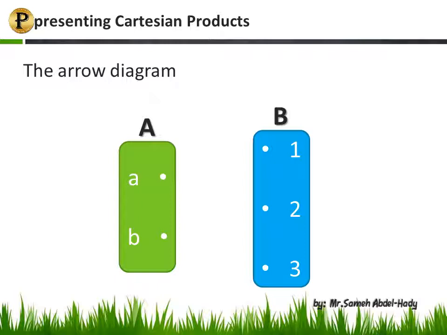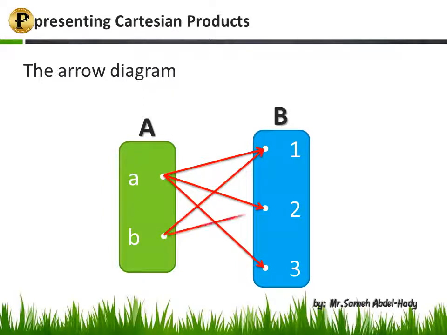Then I join a with 1, a with 2, and a with 3. Then b with 1, b with 2, b with 3. Yes, I finished. Alright, this is called the arrow diagram of the Cartesian product.